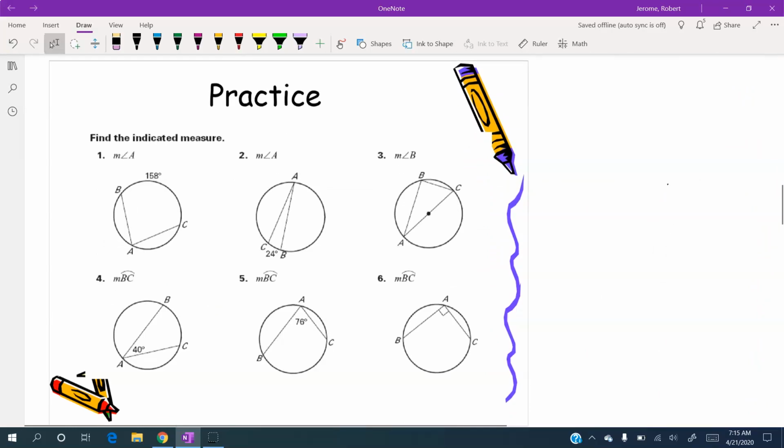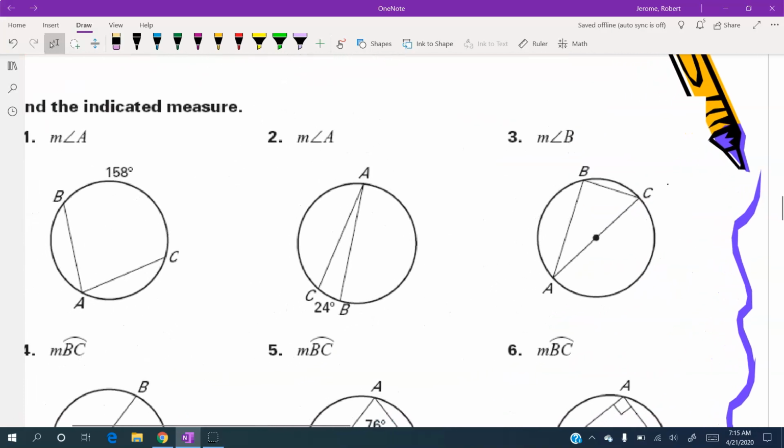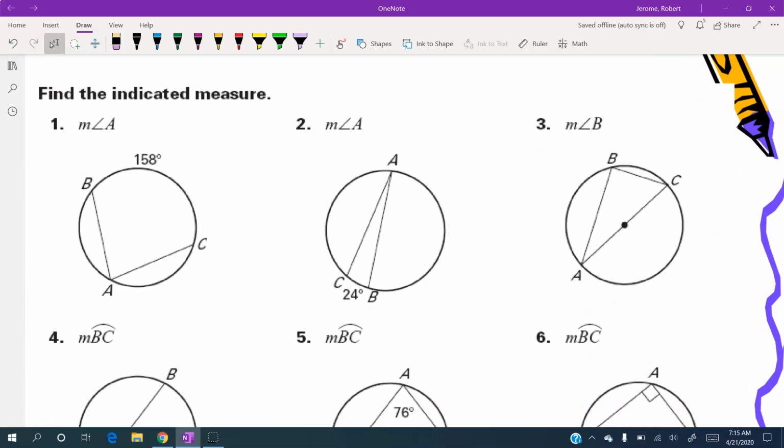So let's look at a couple simple practice problems here. For example, in our first problem, we're looking for angle A. Well, let's find it. There's our angle, and there's our intercepted arc. So we always want to pair the angle with the arc. And now, of course, we have our simple little formula.